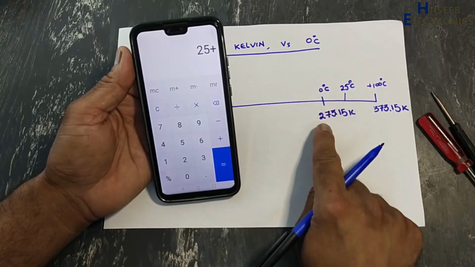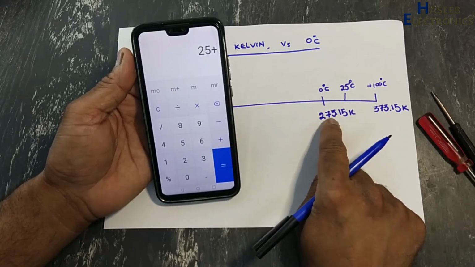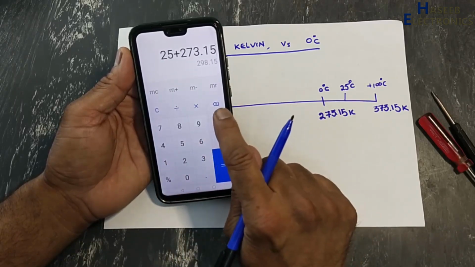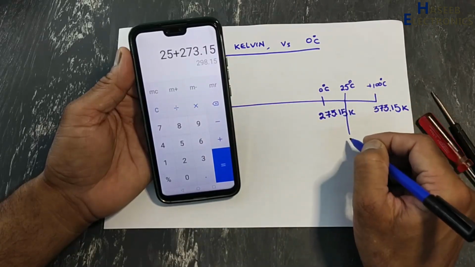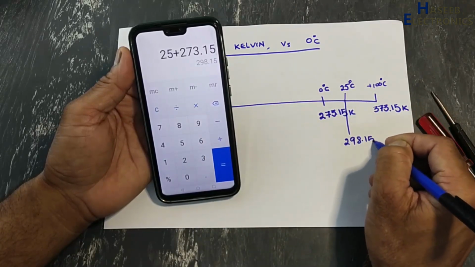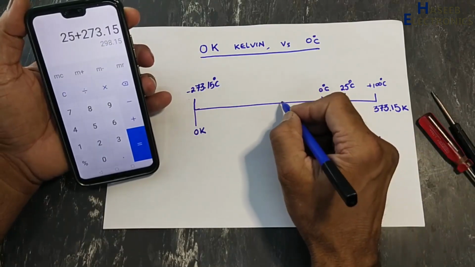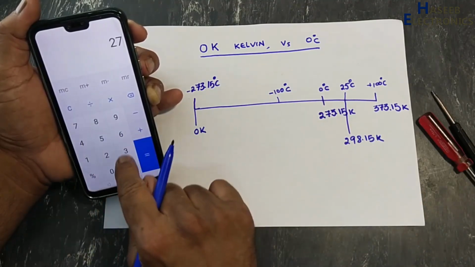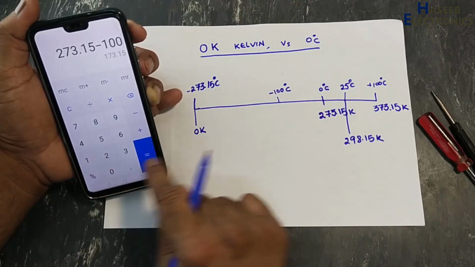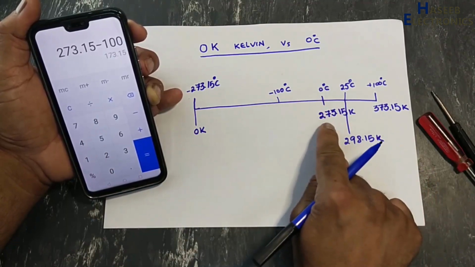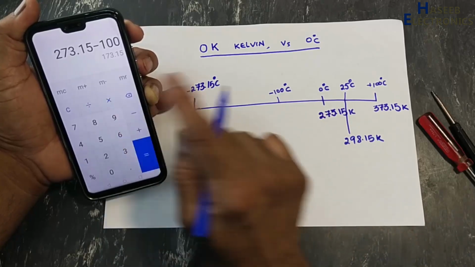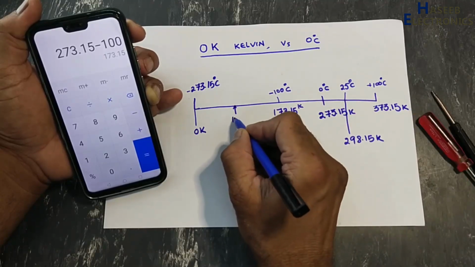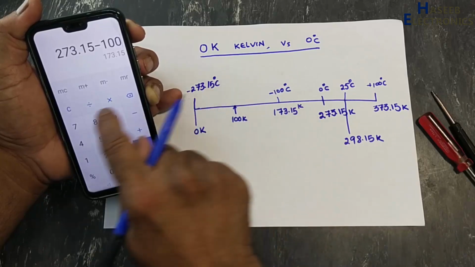When there is 0 degrees centigrade, the actual temperature is 273.15 K. So 25 degrees Celsius is 298.15 K. If we say minus 100 degrees Celsius, the same way, 273.15 minus 100, because here it is 0 minus 100, it is 173.15 K.